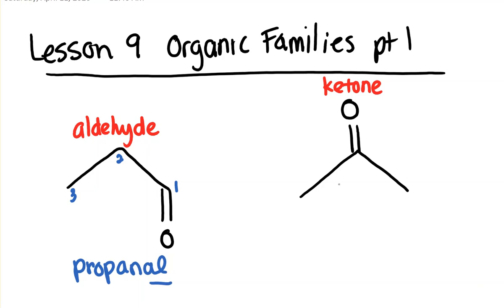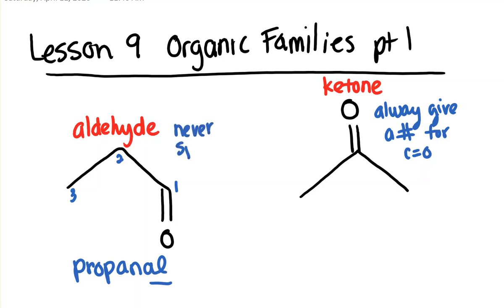On a ketone, the rule is you always give a number. And I'm going to write this. Let's go ahead and add that over here. So on a ketone, you always give a number.